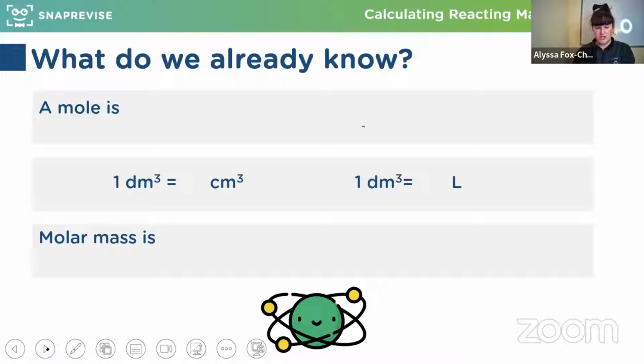When Avogadro defined this quantity, a mole, what did he say? What did he call it? Does anybody know? Please feel free to pop it in the chat. Or do you know what the value of a mole is? If I asked you for the amount of a mole, how would you define that amount? What would you say?